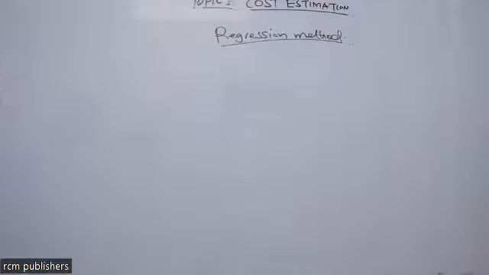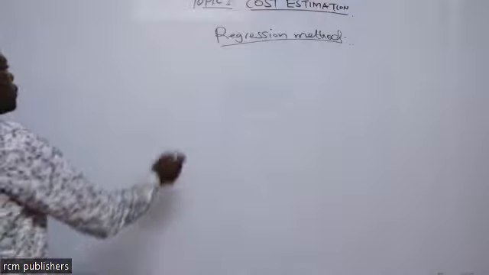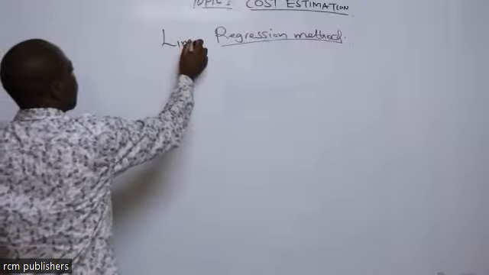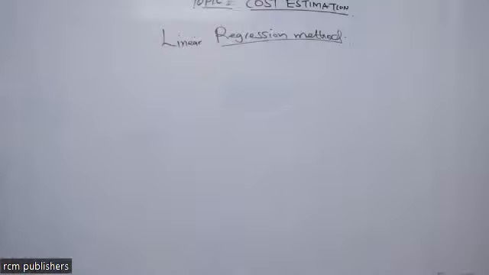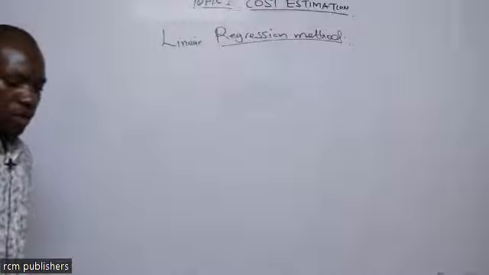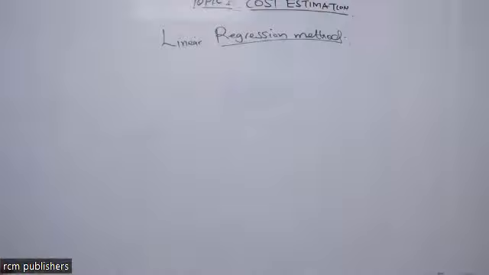So the regression method, linear regression method, we can call it linear, ordinary regression method. Ordinary regression method is also another name for that. Ordinary least square method, simple regression.